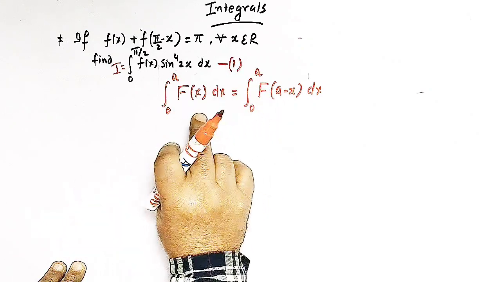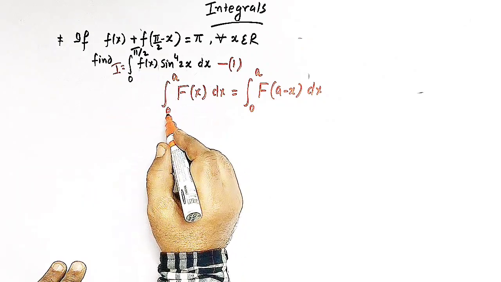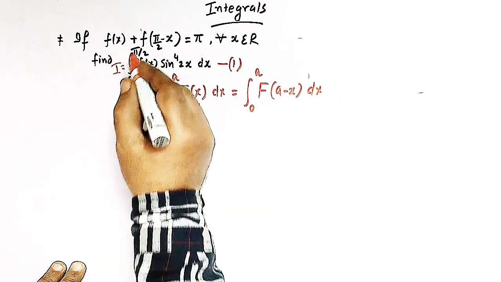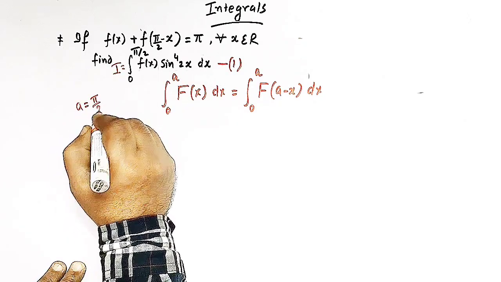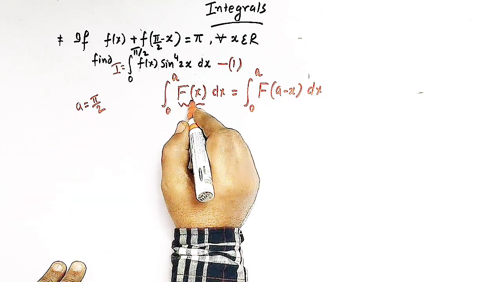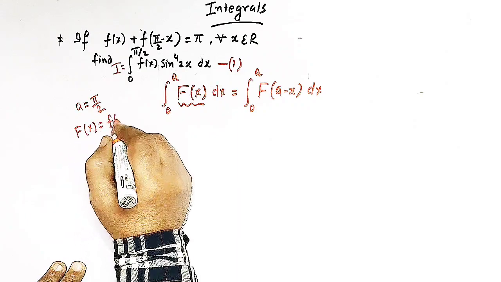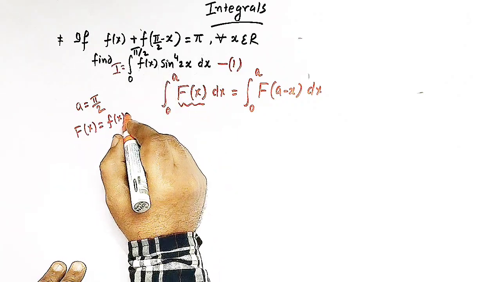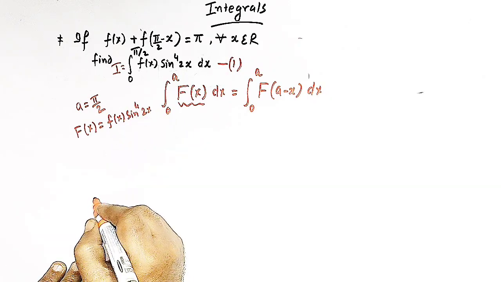If we compare this integral with this one, then here we have 0 to a and here we have 0 to pi by 2. So we can take a is equal to pi by 2, and our function is f of x times sine 2x raised to 4.